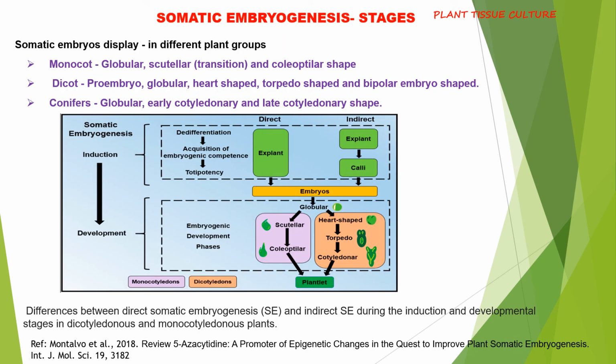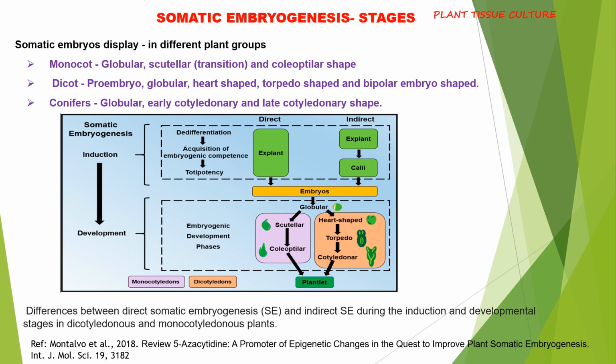The technique of somatic embryogenesis has been successful in monocots, dicots, and conifers. However, there are slight variations seen in the different stages of somatic embryo development. Like in monocot, the globular stage is followed by the scutellar and the coleoptilar stage.